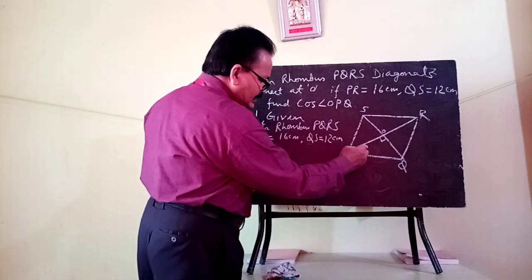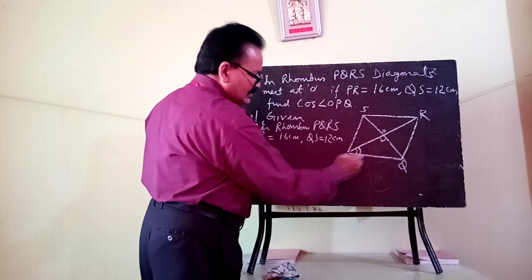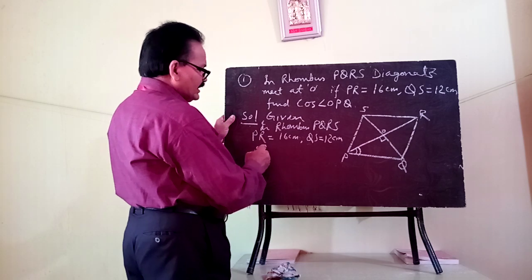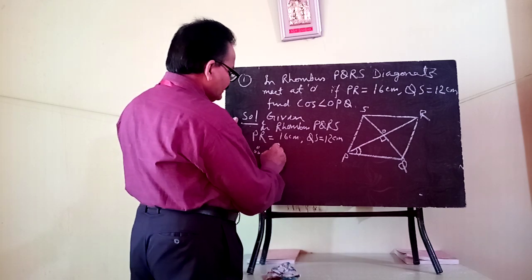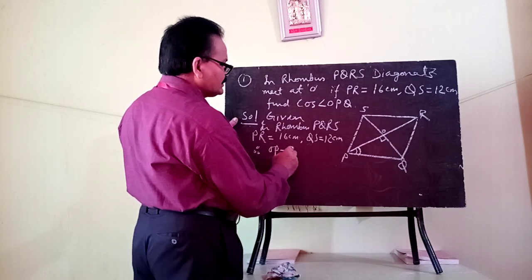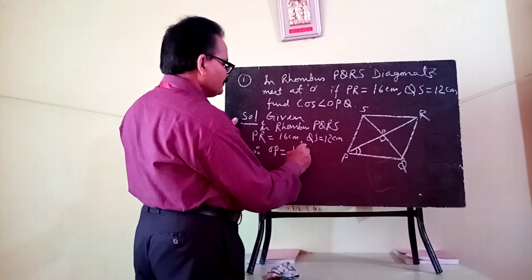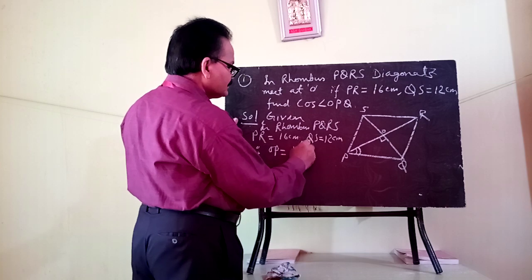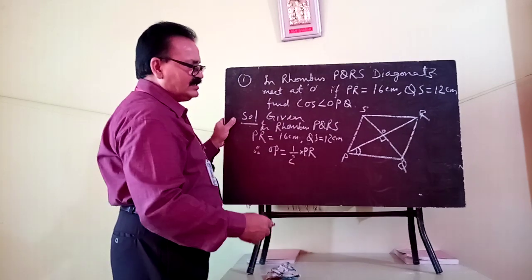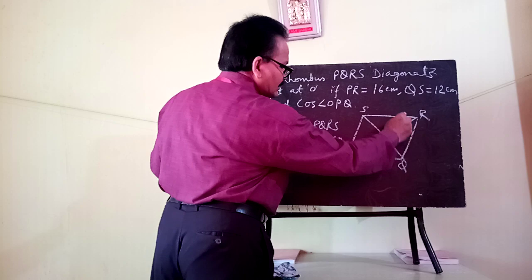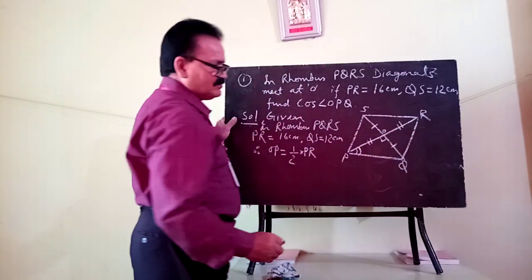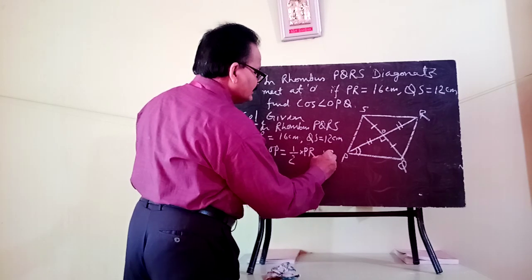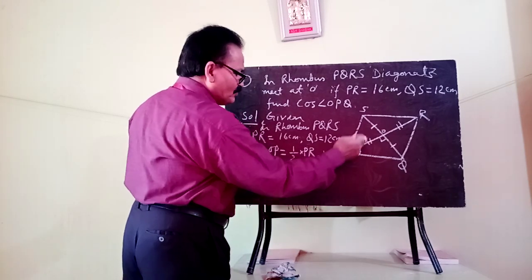That means for this angle you have to find the value of cos. Therefore OP equals half of PR, because PR is the diagonal and the diagonals bisect each other perpendicularly.